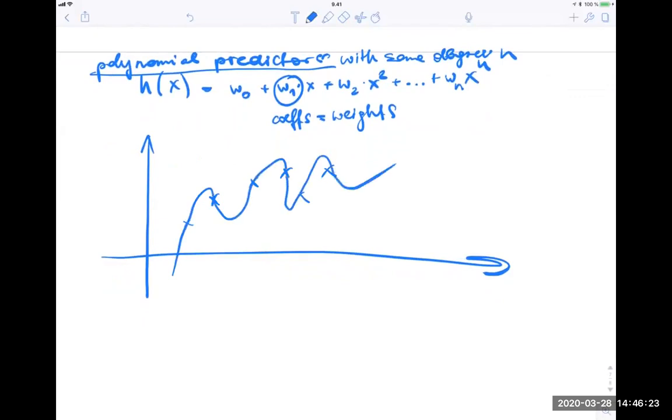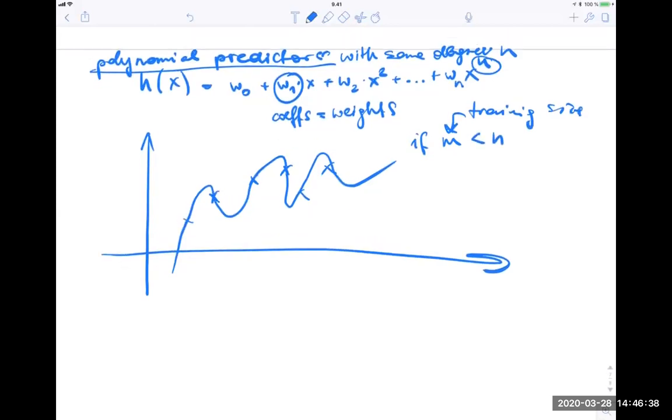If the number of labeled data points, the training size, is smaller than n, the degree of the polynomial, we can fit any data set perfectly. This follows straightforwardly from a fundamental theorem in mathematics that, given m data points, you can fit perfectly a polynomial of degree more than m. In the simplest case, look at 2 data points.